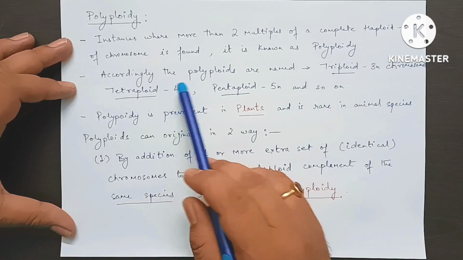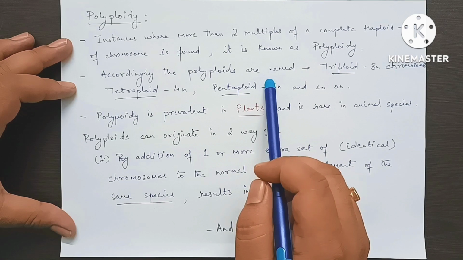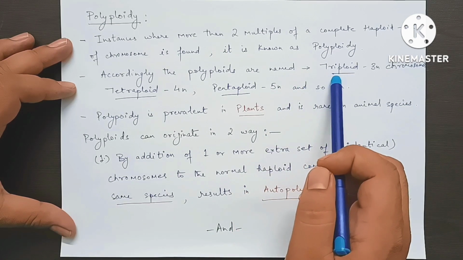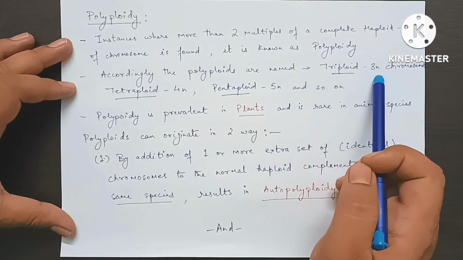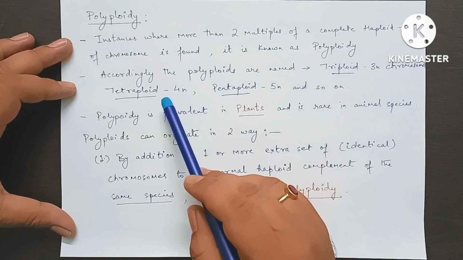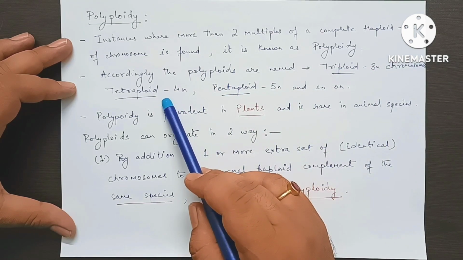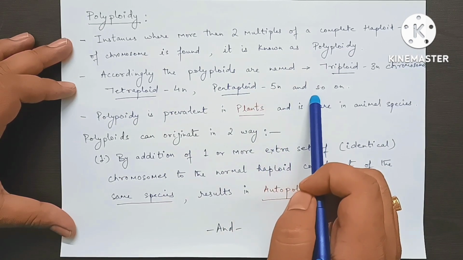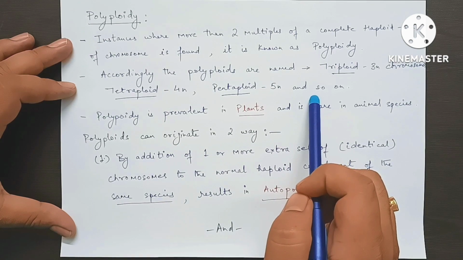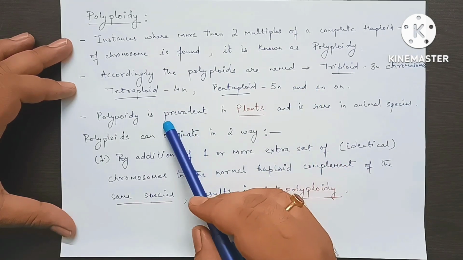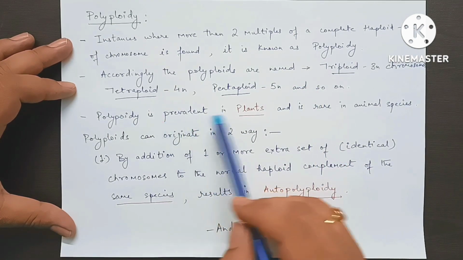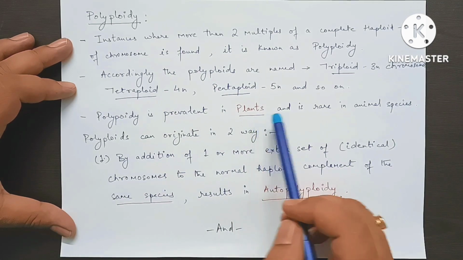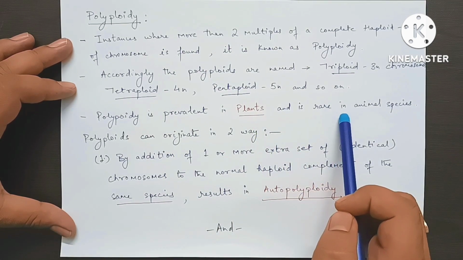Accordingly, the polyploids are named triploid, that is 3n chromosomes, tetraploid or 4n, pentaploid 5n, and so on. Polyploidy is prevalent in plants and is rare in animal species.